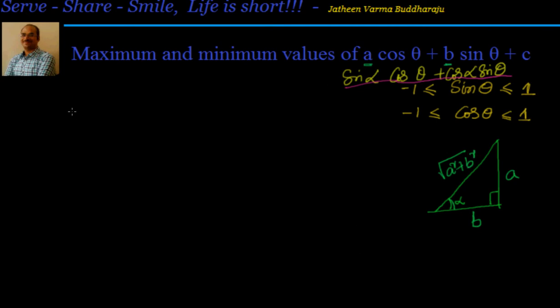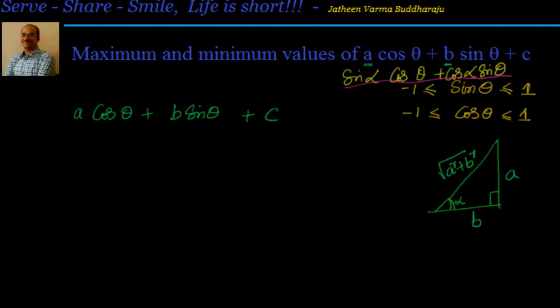So what we have done is very simple. We have a cos theta plus b sin theta plus c, for which we have to find the maximum and minimum values. Now we are trying to convert this a cos theta plus b sin theta into a single sine expression by using compound angle formulas, either sine of theta plus alpha, or cos of theta minus alpha, cos of theta plus alpha. Leveraging that property, we want to convert this into a sine, then use the inequality we have.